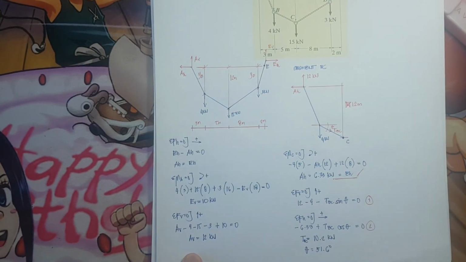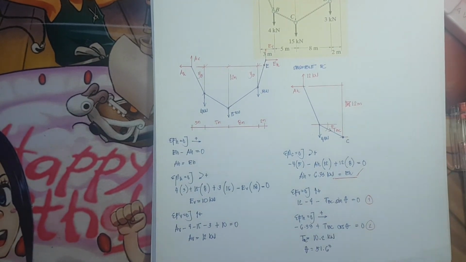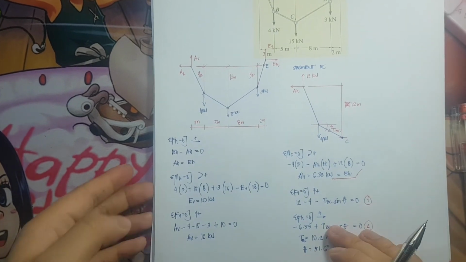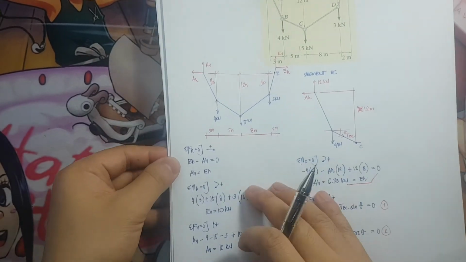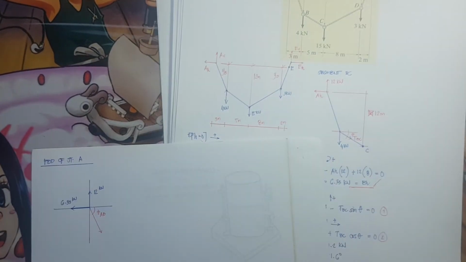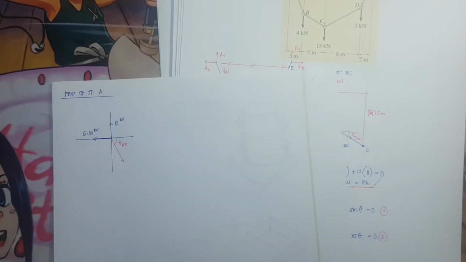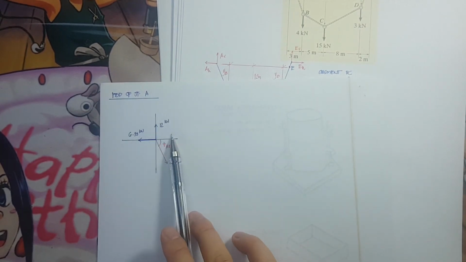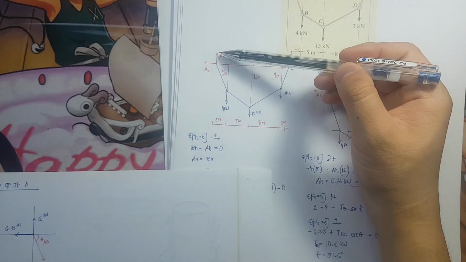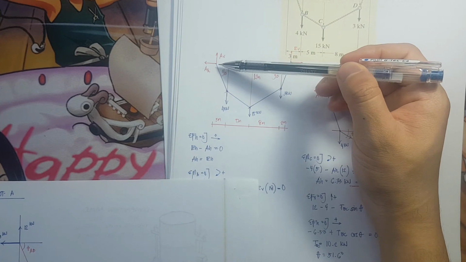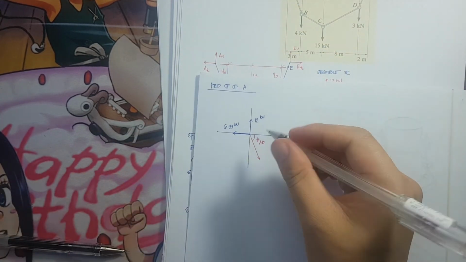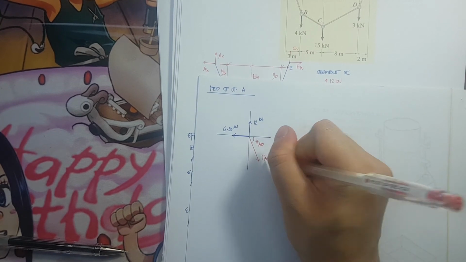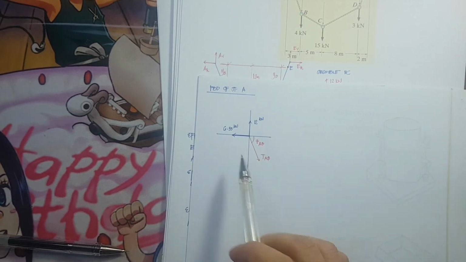These are the values. Next would be the free body diagram of joint A. So for joint A, I can now solve for my tension AB because I already have the value for AX.